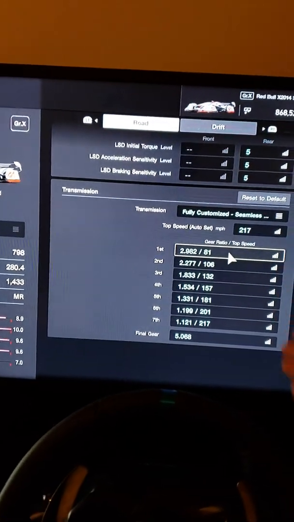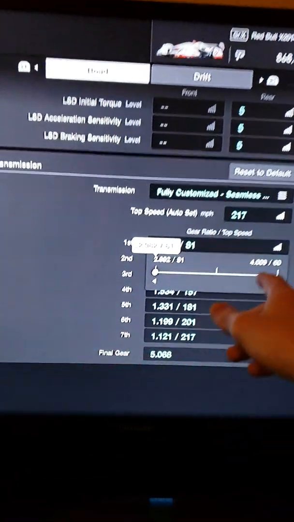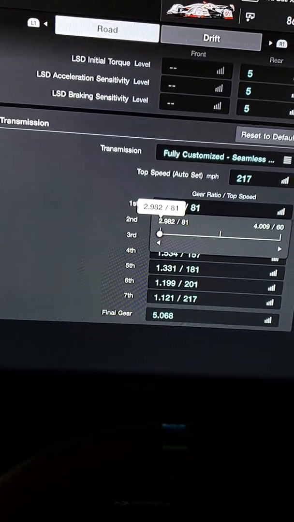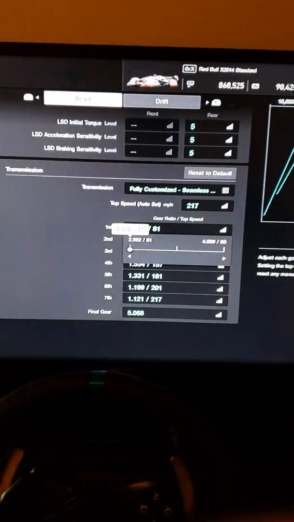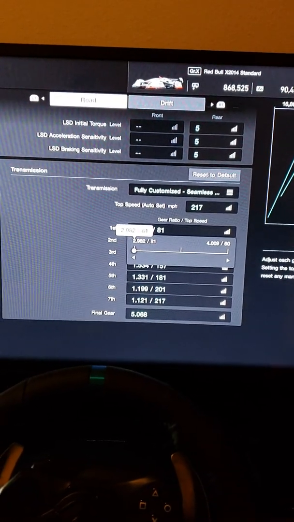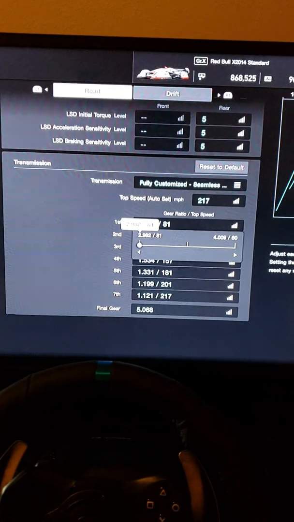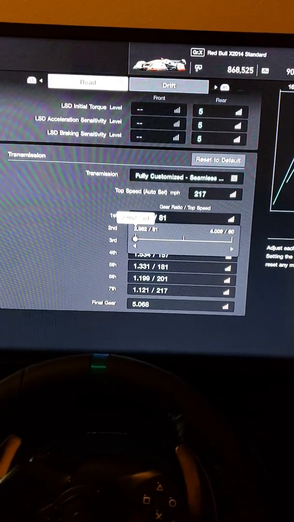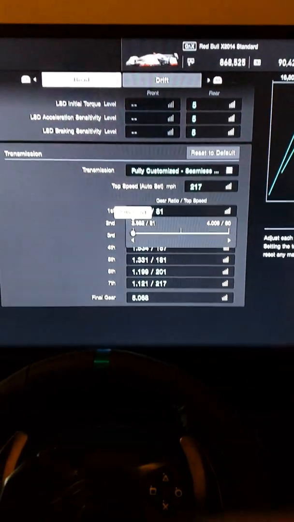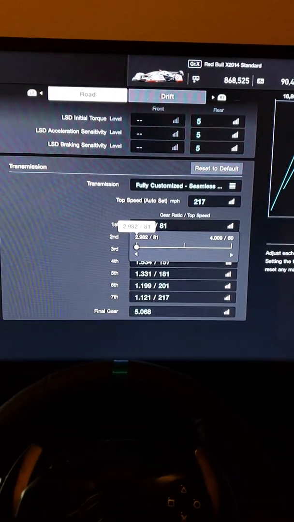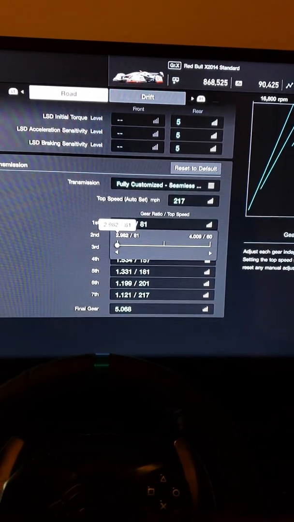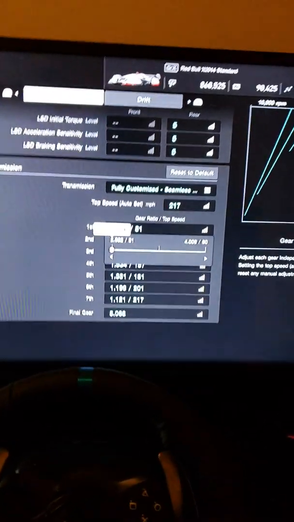Because the more you bring the slider to the left, the more torque that gear will have. And in the beginning, you want as much torque as you can produce, because it's better to have more torque to start accelerating a mass than it is to have a lot of power to start accelerating a mass.